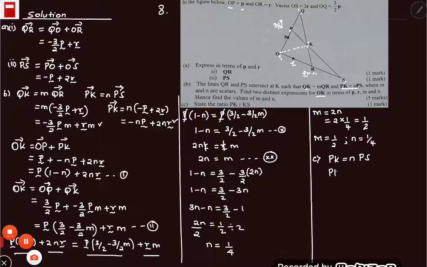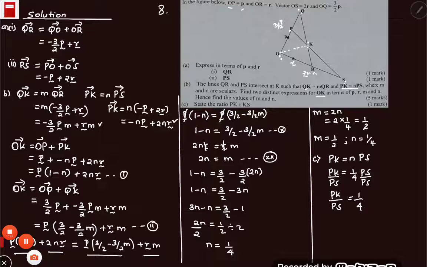So PK is equal to, the value of N is 1/4, PS. Now dividing both sides by PS, we will have PK over PS is equal to 1/4.